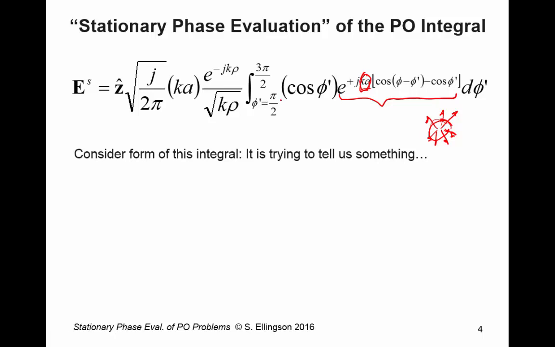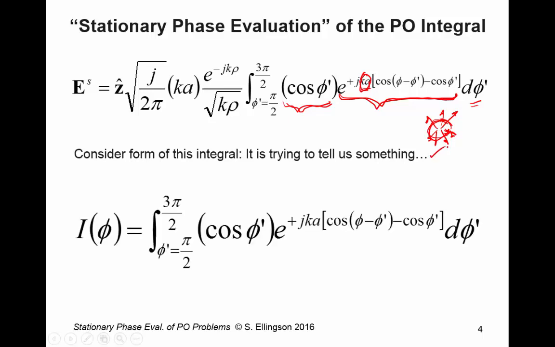In contrast, this part here varies slowly with phi prime, the variable of integration. So we have a part that's changing quickly, and changing quickly in a way that is simple to describe. It's just this rotation. And then we have a part that's changing slowly. So this is really telling us something.